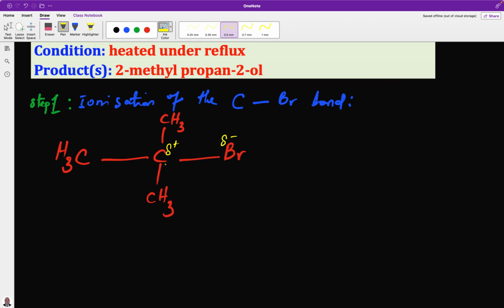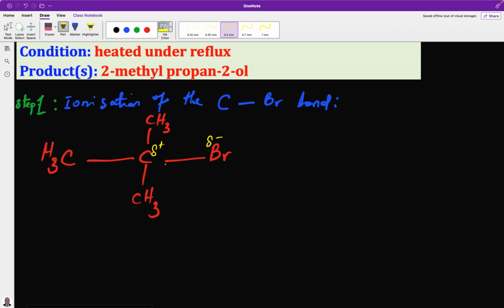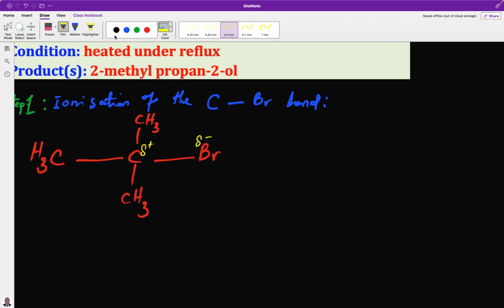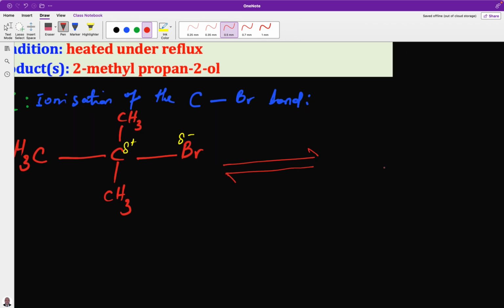This is a slow step and a reversible reaction, resulting in a carbocation. A carbocation is formed here.